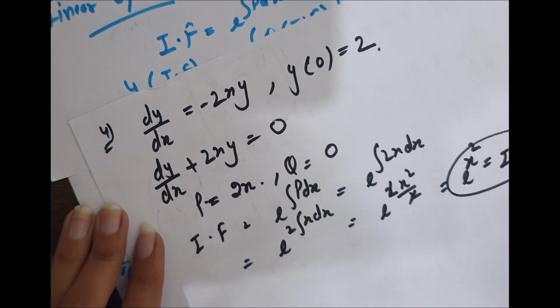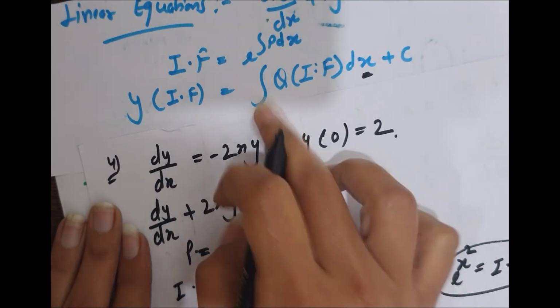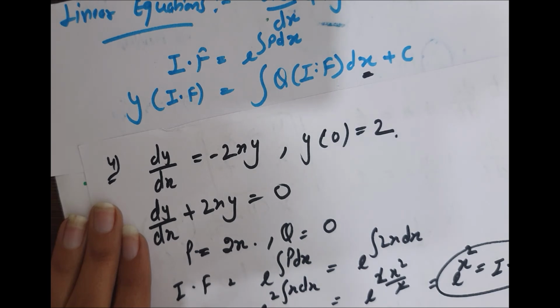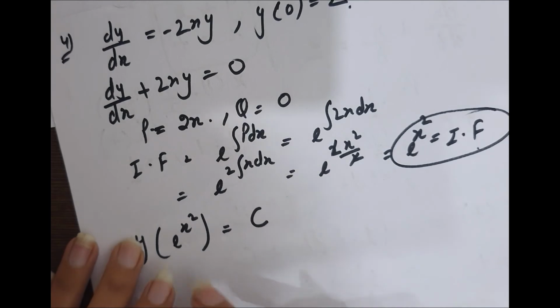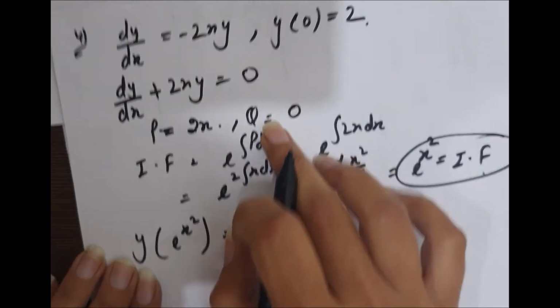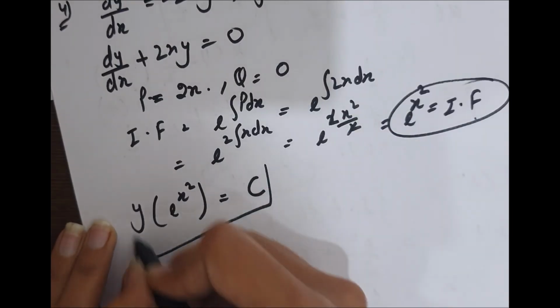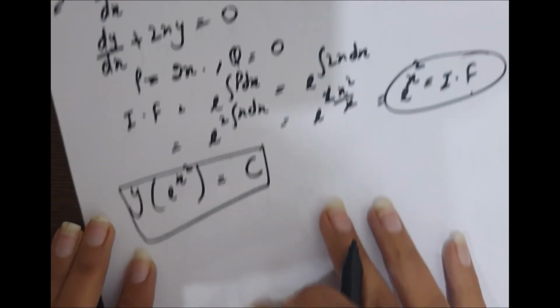Integrating factor comes out to be this. To find the solution of the linear equation, y into integrating factor is equal to the integral of Q, Q is 0, so c. This comes out to be the solution of the linear equation.